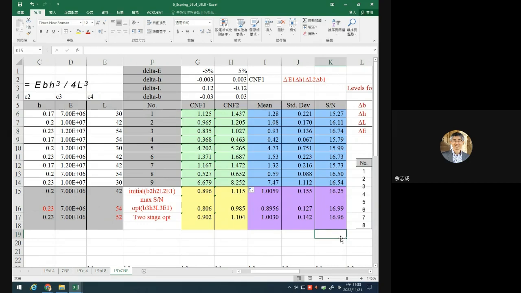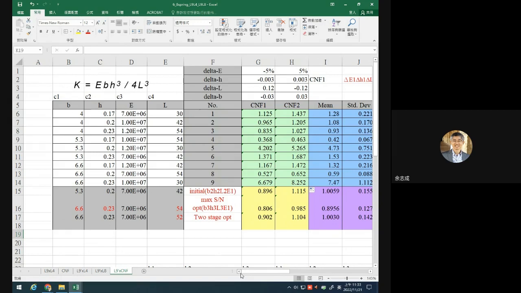So you can see, even though I consider 4 noise factors, I still use 9 times 2, 18 experiments. Unlike the previous example, where we used 3 noise factors, then for the crossed array we need L9 times L4, 36. But if we consider 4 noise factors, we need to use the L8 outer array, which makes L9 times L8 72 experiments.